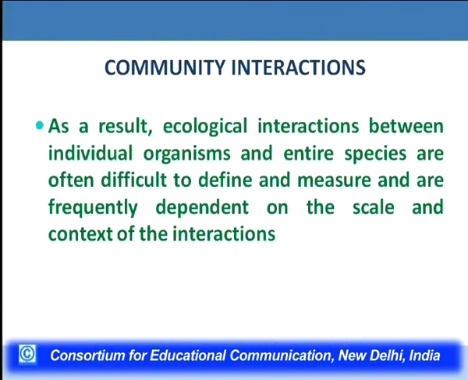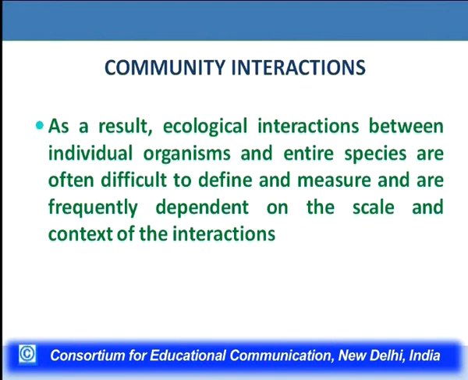Now, these interactions amongst individual organisms and different species with each other are very often very difficult to define, because we cannot put them to a certain scale. We cannot assign scales to them. What we try to interpret through these interactions, we basically have to go to the field to find out what exactly these interactions are and how they are affecting each other.